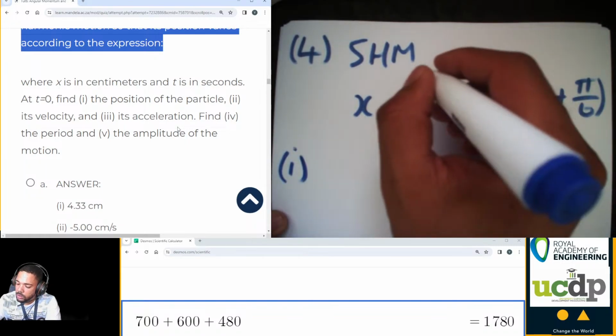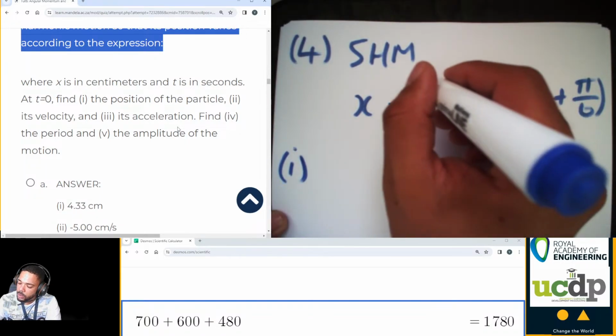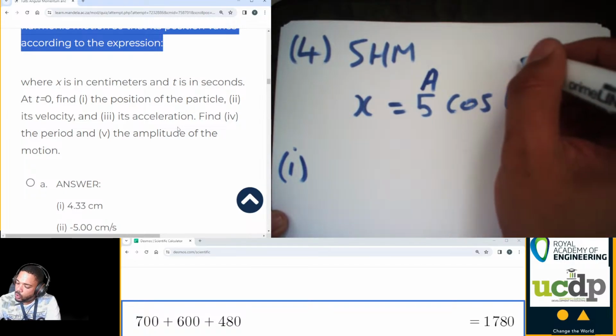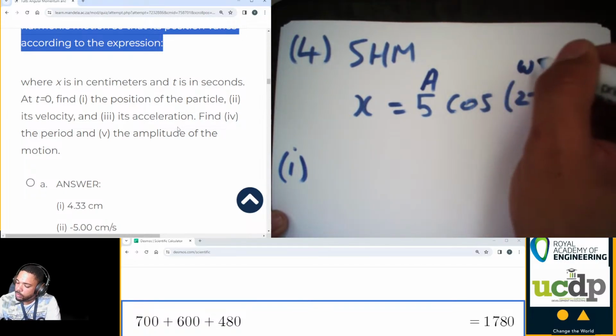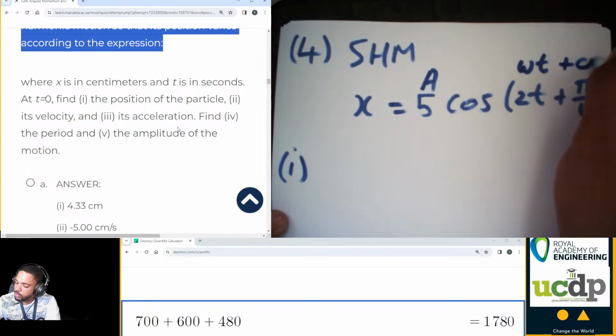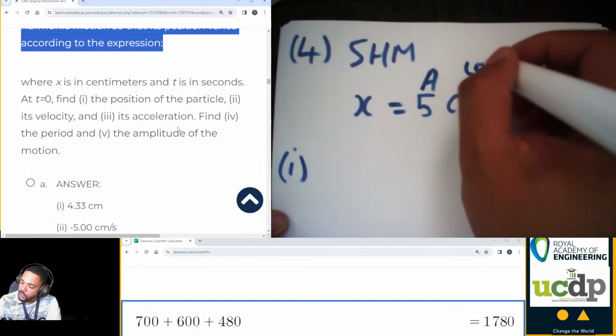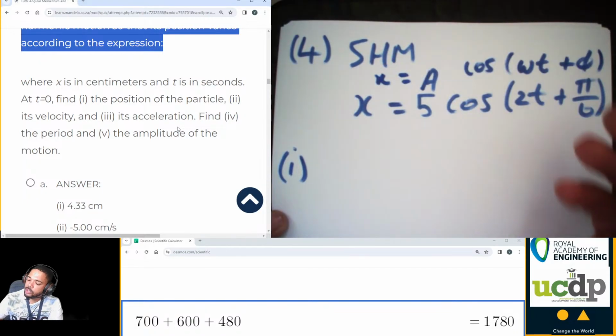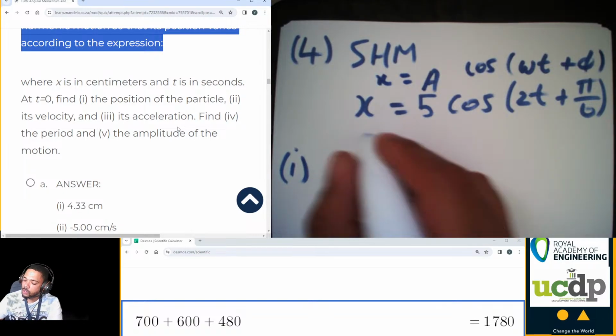This is the amplitude A. This 2 is equal to the angular frequency. This is time. And this is the phase angle. This is the generalized formula for x. Okay, so this is the expression.